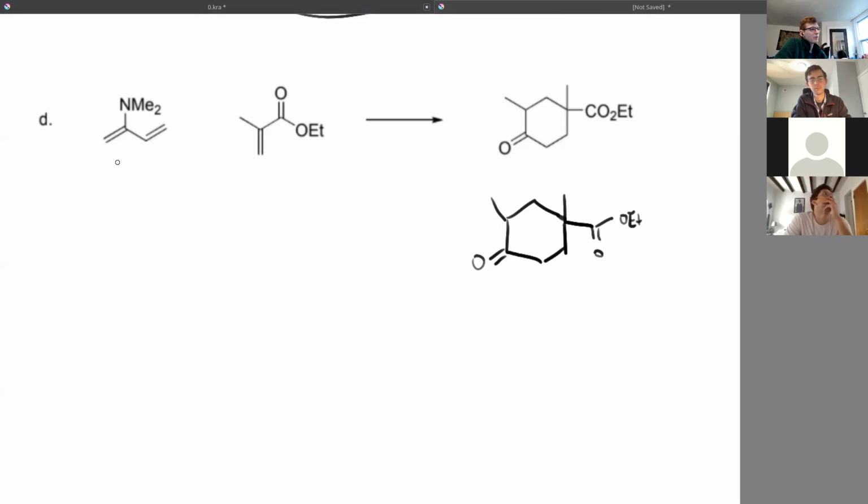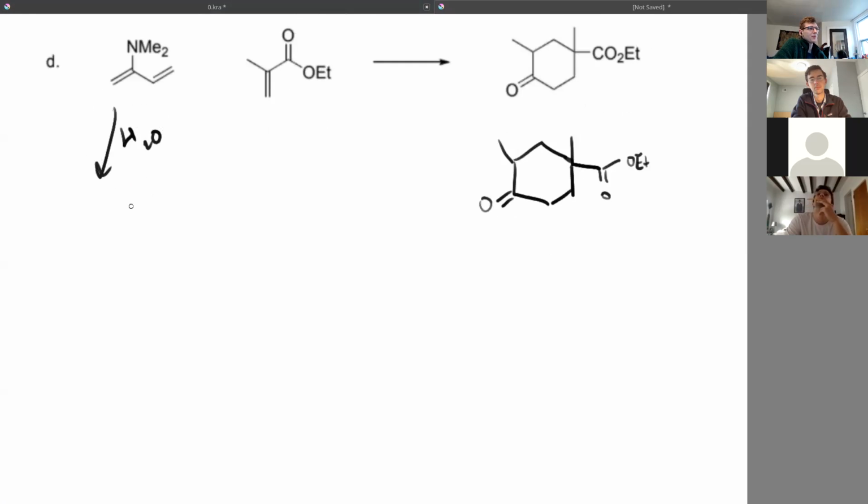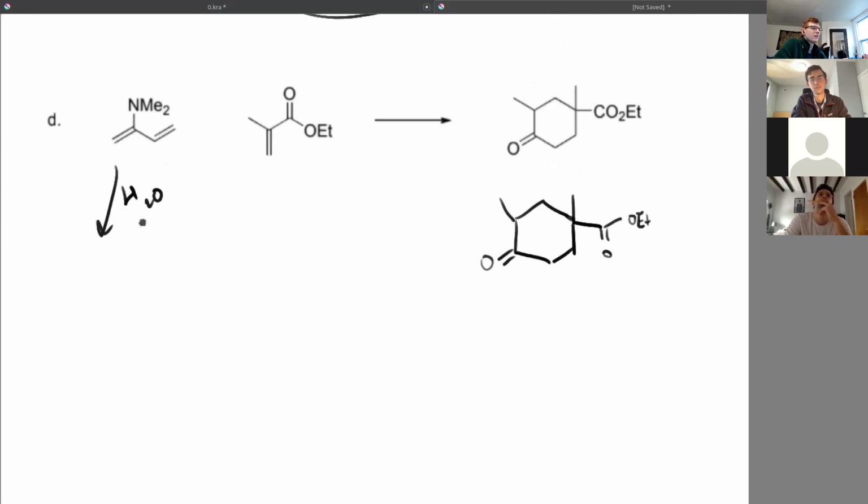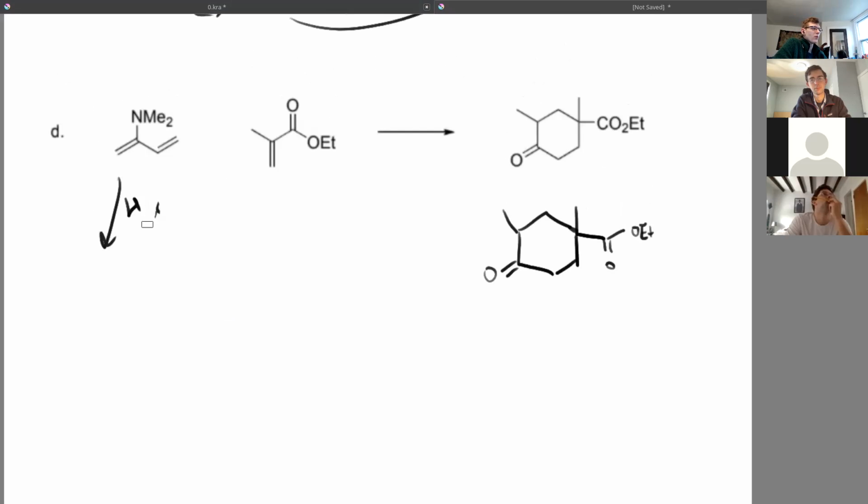I'm not sure what that would involve. This is hard to get rid of, I think. Let's not even put it in water. Let's just think about what it does with resonance. Right? There's this electron pair here.